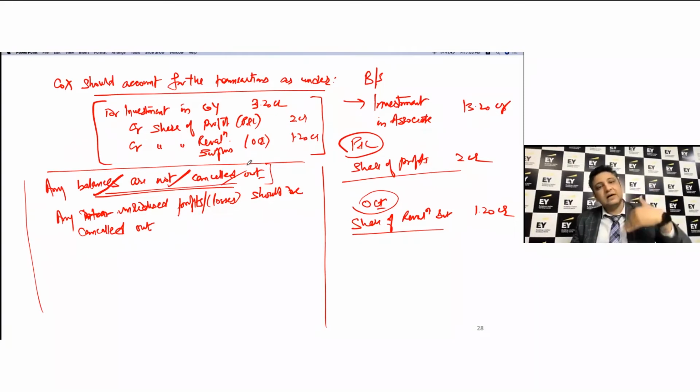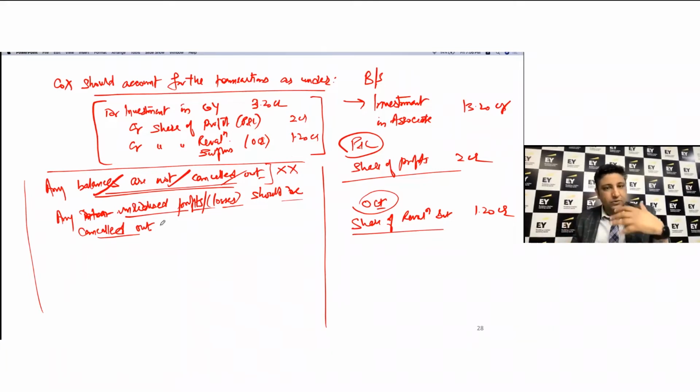Even there, unrealized profits get cancelled out, 100% of those. In case of investment in associates or joint ventures, there are no cancellations of any balances or transactions. But any unrealized profits or losses need to be cancelled because they get reflected again.